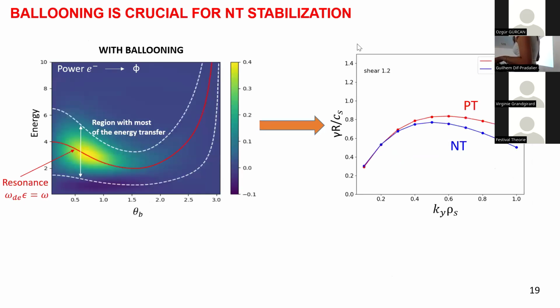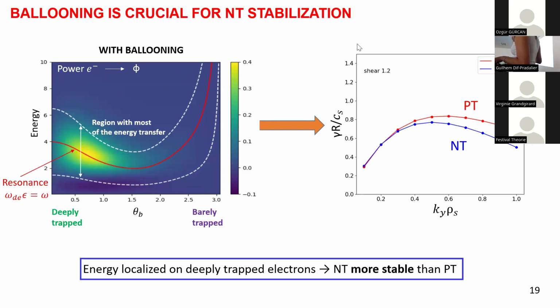If instead we take into account ballooning, as we did in the end, and plot the same quantity, we see that the power is much more localized in the area of low theta b, low bouncing angle, which is the area of deeply trapped electrons. So basically, in this case, you get the inverse trend, and it's a good trend, for which negative triangularity is more stable with respect to positive one.